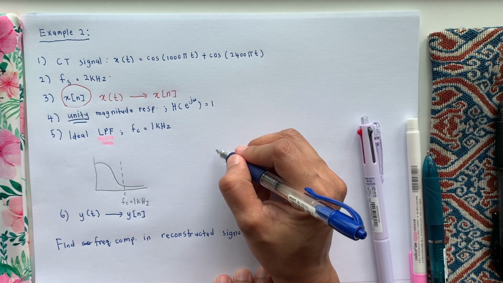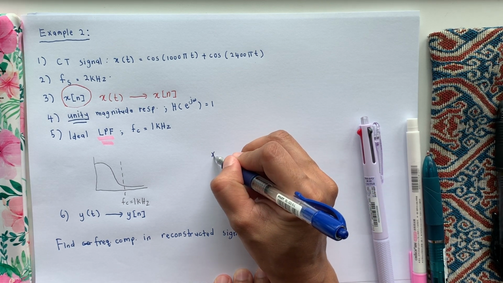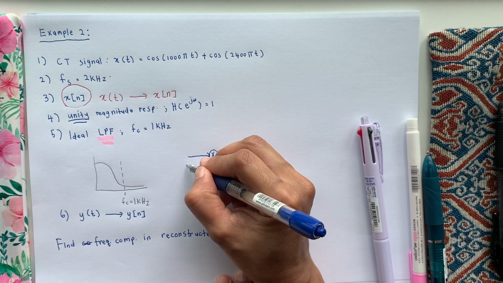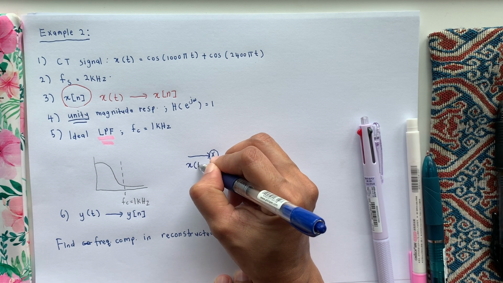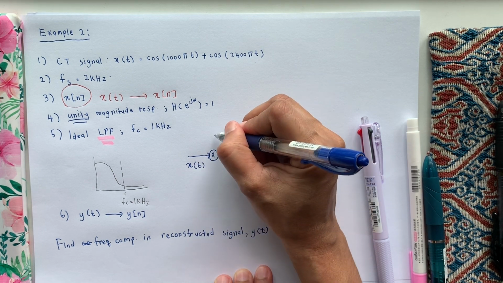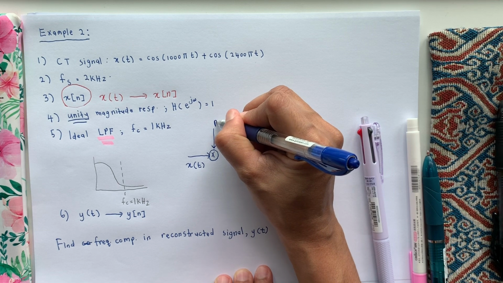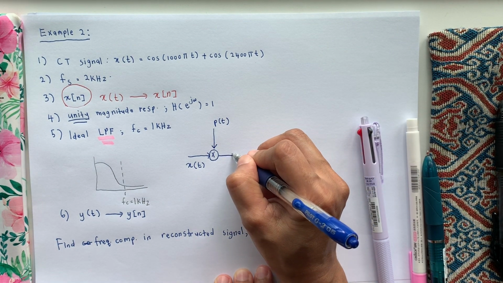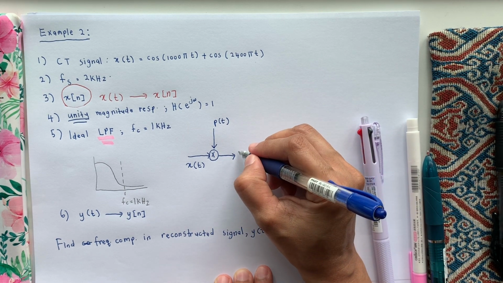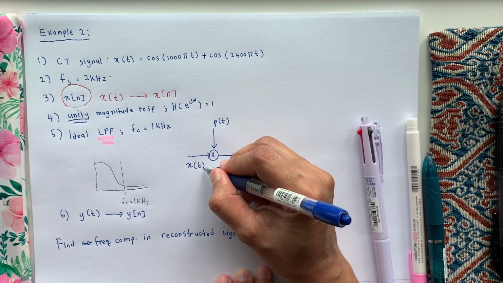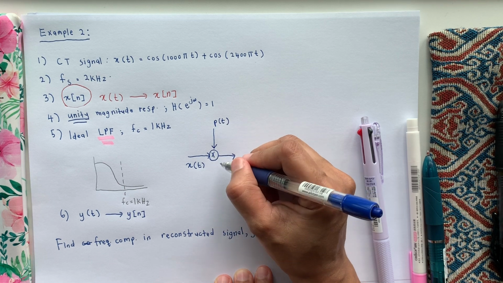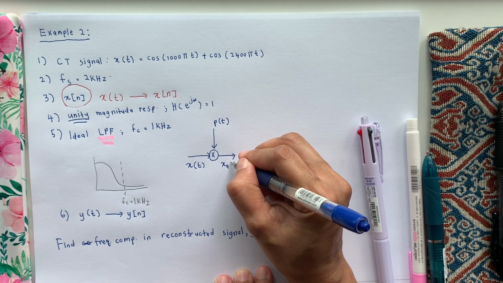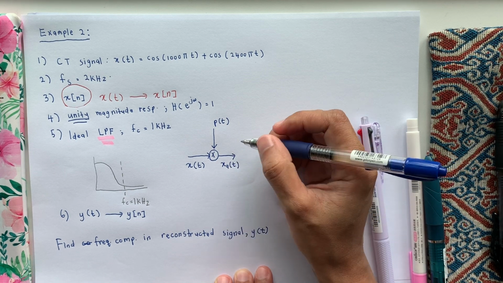From our lecture, you know that we have our input signal, which is Xt, and of course we must have our impulse train. The convolution between Xt and Pt will produce another signal, which I name Xat.